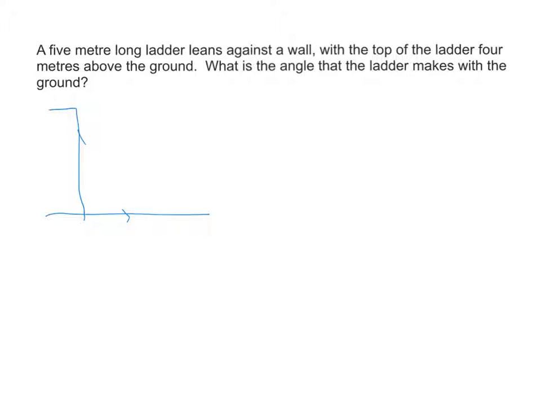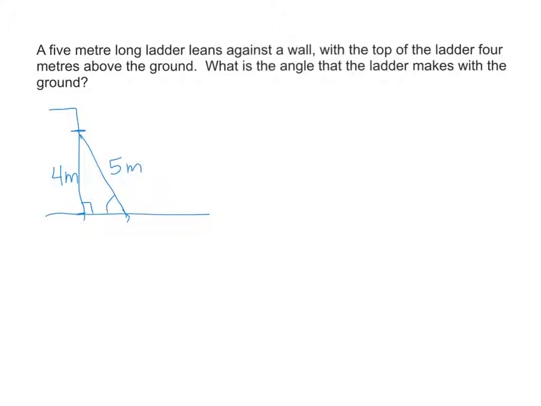Let me try that again. A ladder leaning against it. It says the ladder is 5 meters long, and that the top of the ladder is 4 meters above the ground. So that's this distance from here to here. This is a right angle, and it says what is the angle that the ladder makes with the ground?